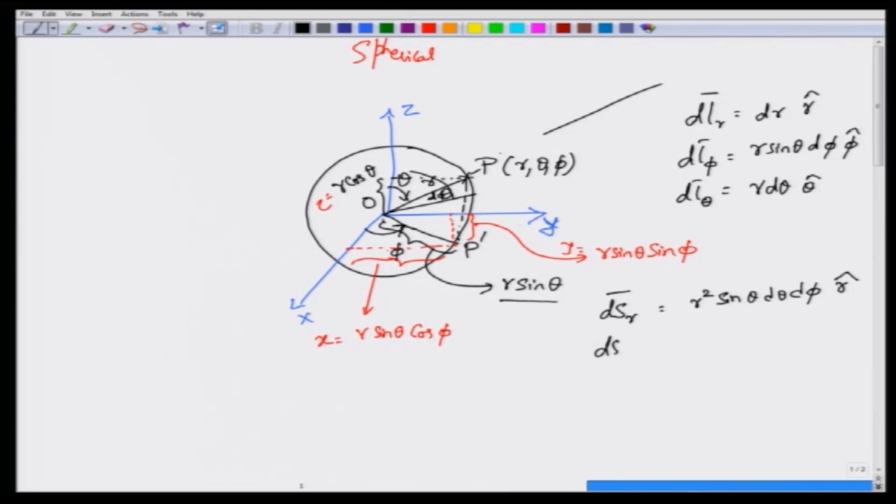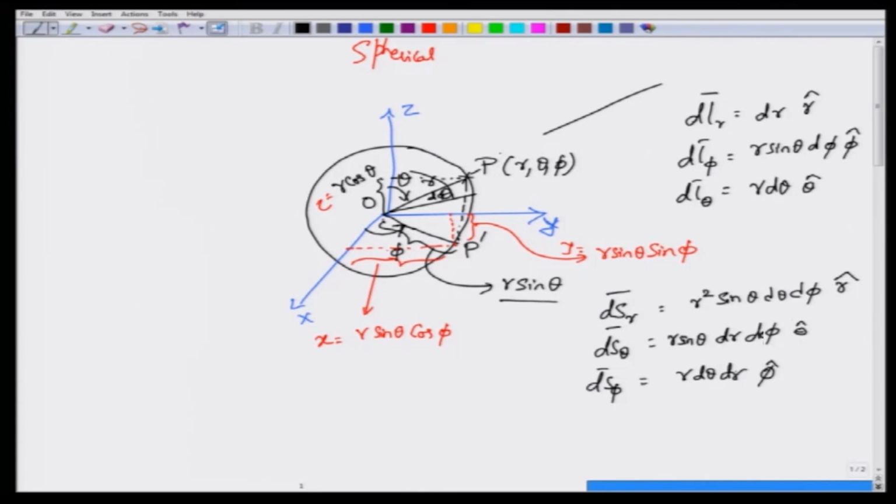Similarly, ds theta, the surface element along the theta direction, will be given by, you need to move a distance of dr and you need to move r sin theta d phi. So, you get r sin theta dr d phi along theta. What will be ds phi? Ds phi will be r dr d theta along phi.